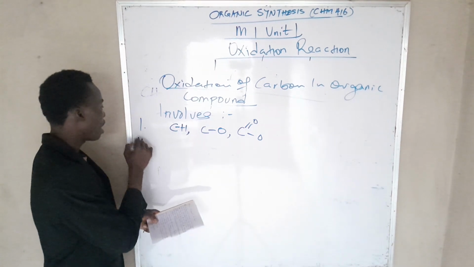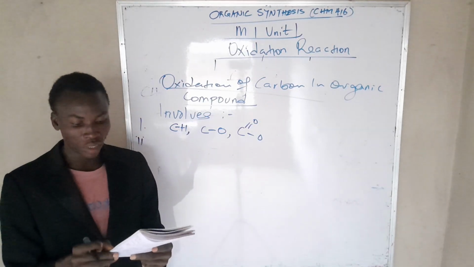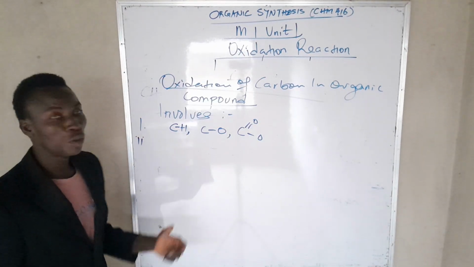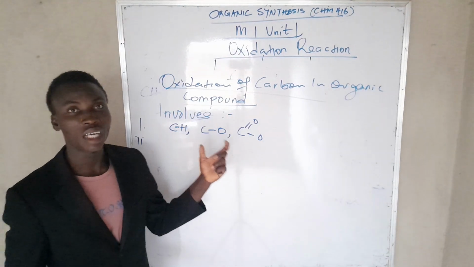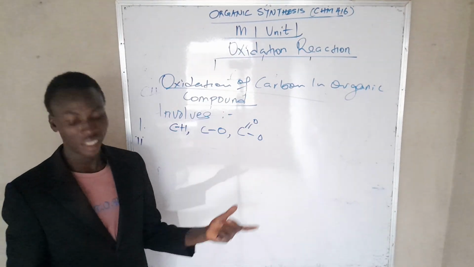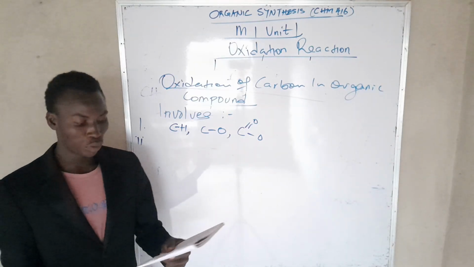Then number two that we have there is what we call addition of oxygen to a carbon atom. We all know that carbon can catenate. For that reason, it can combine with hydrogen and with other related compounds. So addition of oxygen to a carbon atom is also possible.